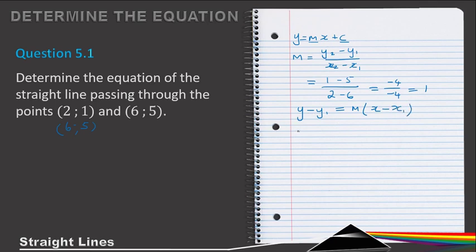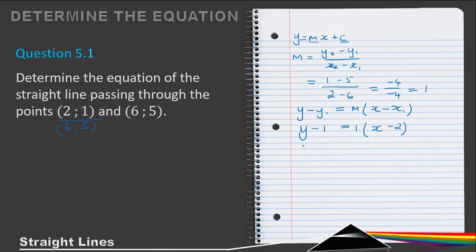Alright, and then we substitute in a point. So I'm just going to substitute in the 2 and the 1. So y minus 1 equals the gradient, which is 1, times x minus 2.